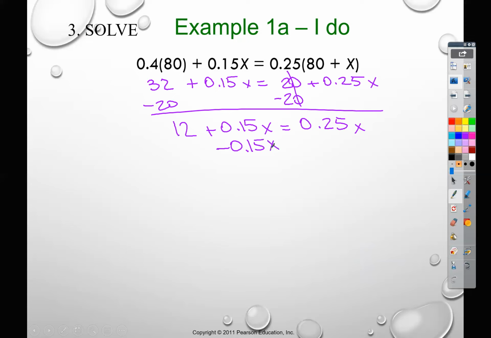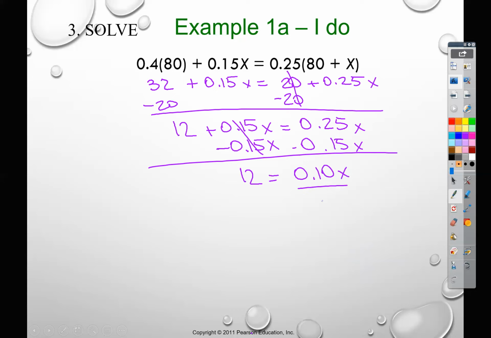Subtract the 0.15x from both sides, and now I get 12 equals 0.10x. Then if I divide both sides by 0.1, I get x equals 120. So you need 120 milliliters of the 15% solution.